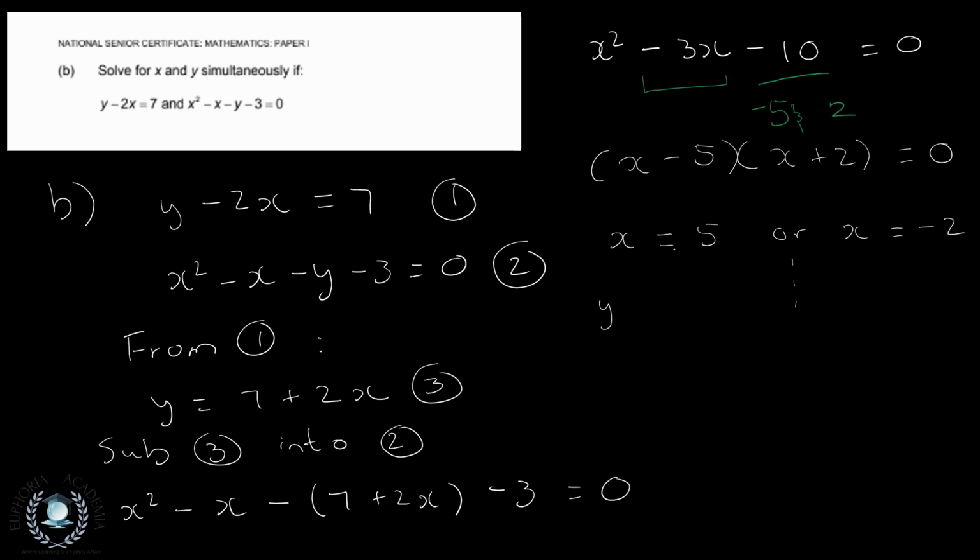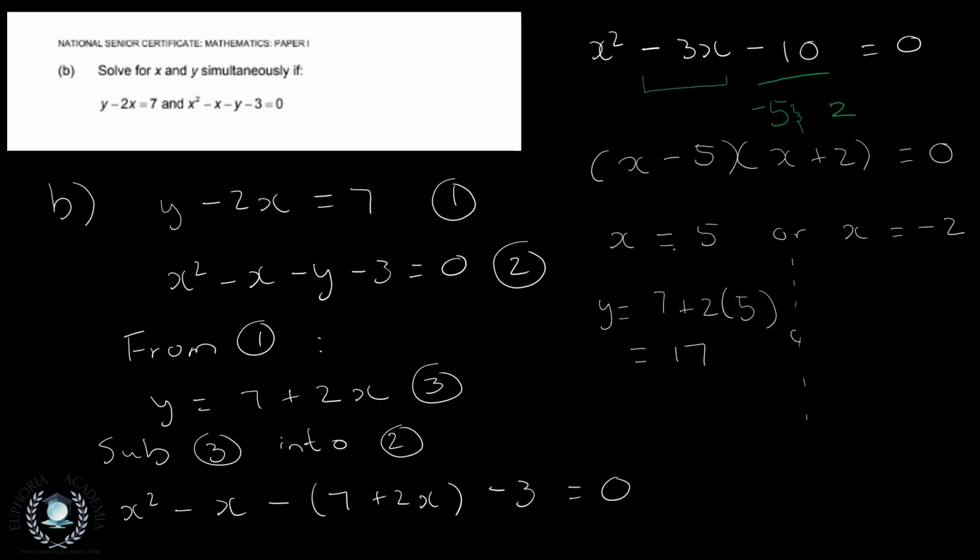Now, substituting these two results into our equation 3, we're going to find y. I'm just going to divide that to make things clearer to see which one I'm substituting in. Alright, y will be equal to 7 plus 2 times, which x are we substituting? Let's start with the 5. And that is going to give us 17.